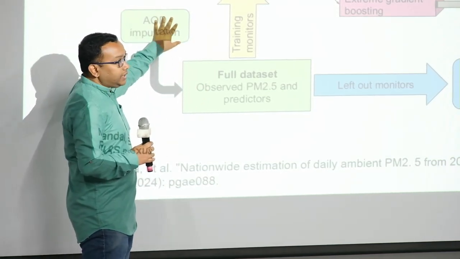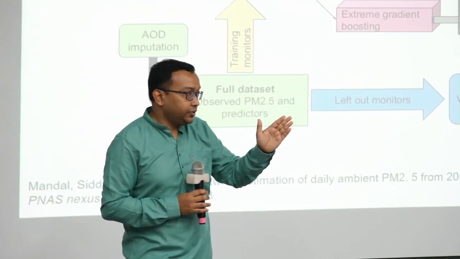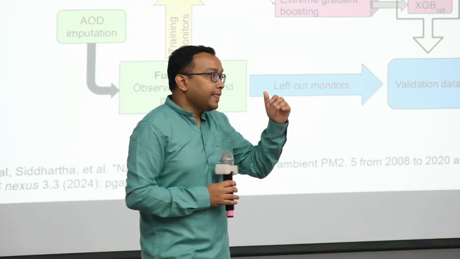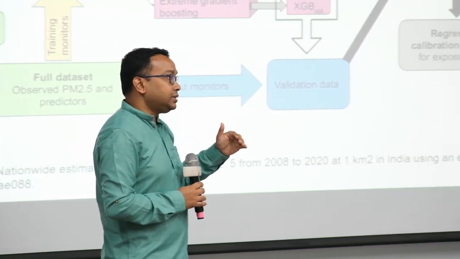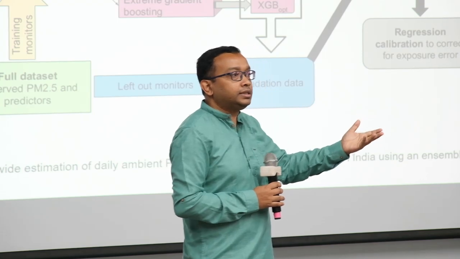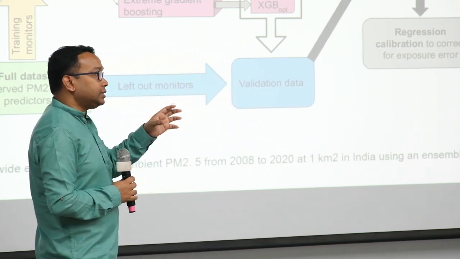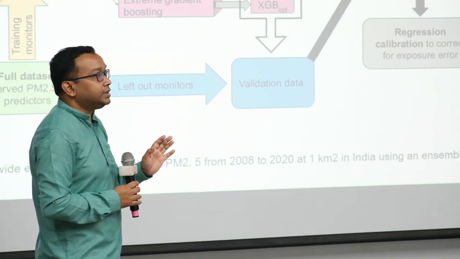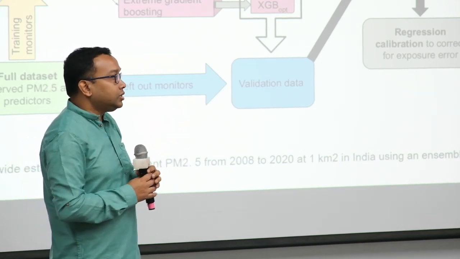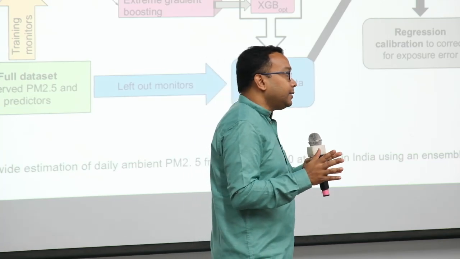Once everything is filled up, now you have a data set which has PM2.5 observations and predictor values at monitoring stations. The monitoring stations are basically in a grid. So if you have 3.5 billion grids in India, those 1000 monitors, they are falling in 1000 of these grids. So the whole country has, let's say, 3.5 million or billion grids.